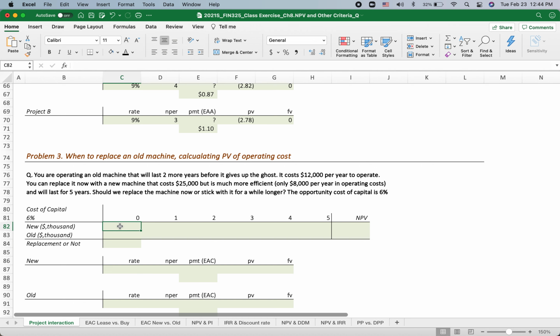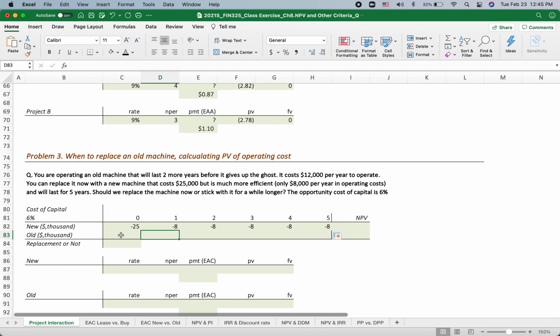Okay, so let's just convert this number given into this table. In $1,000, how much was the new machine investment? 25,000. And then after that, we have to spend $8,000. So the new machine requires $8,000 every year.